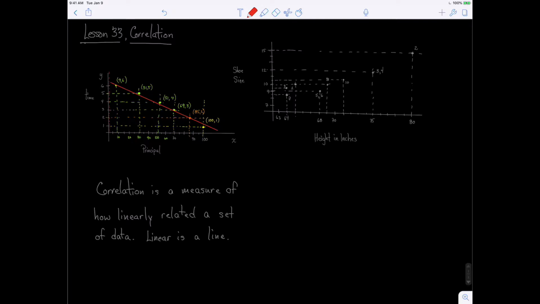Now let's take a note on that for the red line.